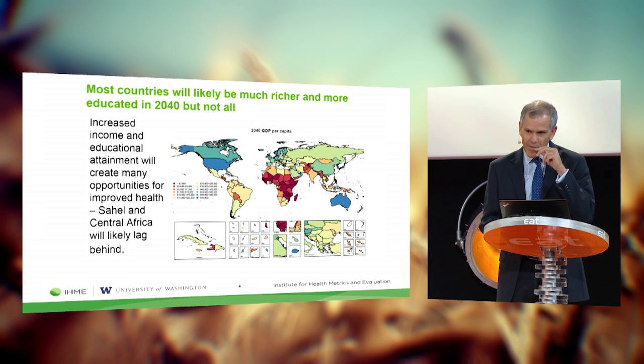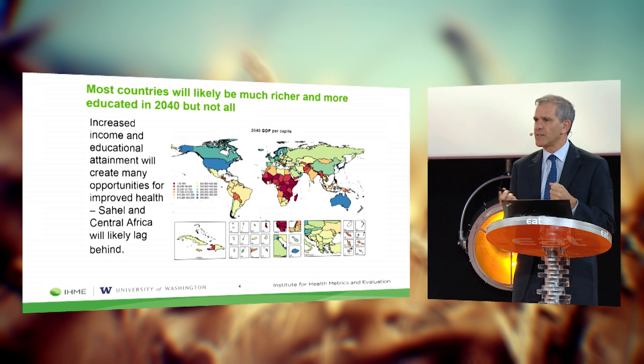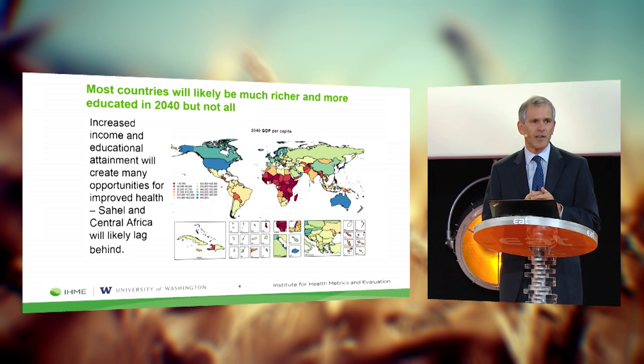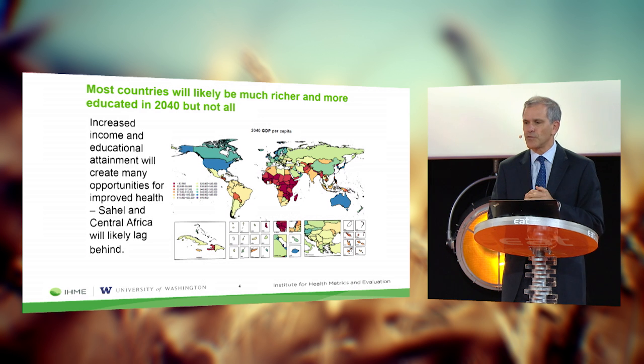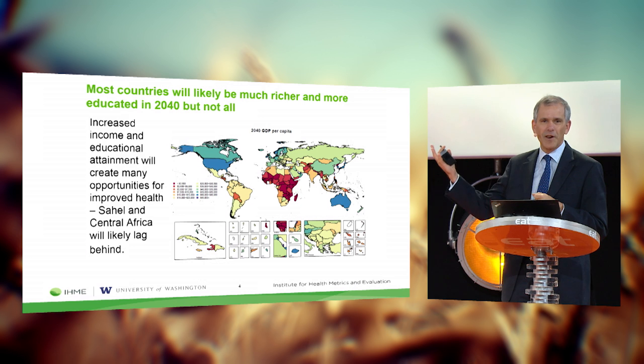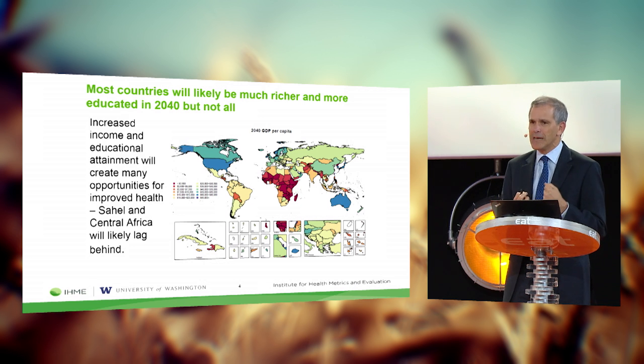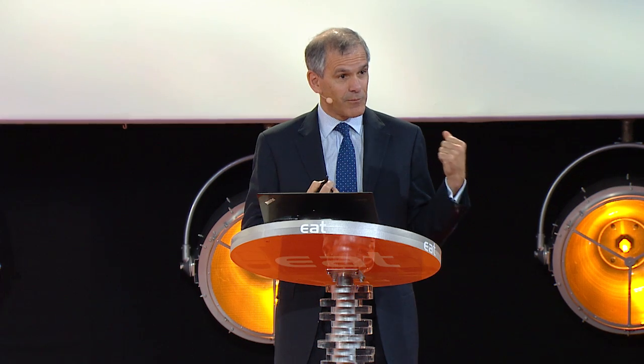Now, one thing we do know from any of the modeling, ours or anybody else's, the World Bank, the IMF, OECD, and other groups, the Australian Treasury that do long-range forecasting of income, the world will be richer. This is one of many possible scenarios. It's the sort of expected value scenario. But in addition to lots of countries being richer per capita, there will still be a whole bunch of places in the Sahel and Central Africa that are actually quite poor on current trends.